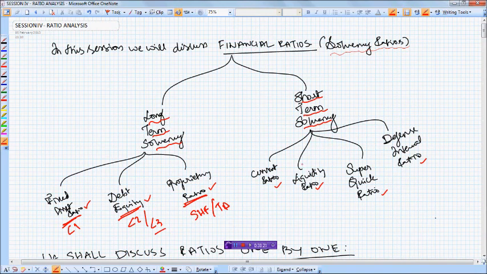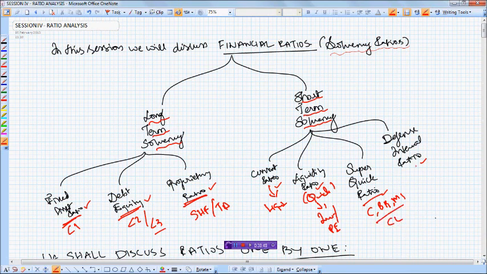And we have seen short-term solvency ratios, out of which the current ratio measures liquidity, and the liquid ratio or quick ratio excludes inventory and prepaid expenses to find out absolute liquidity. The super quick ratio considers only cash, bank balances, and marketable securities for meeting current liability.